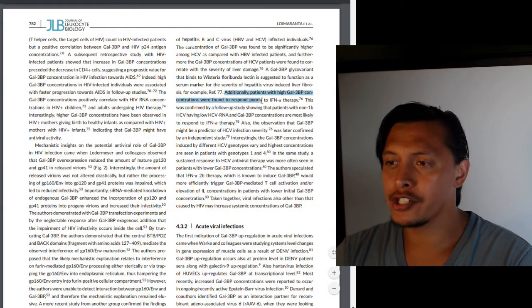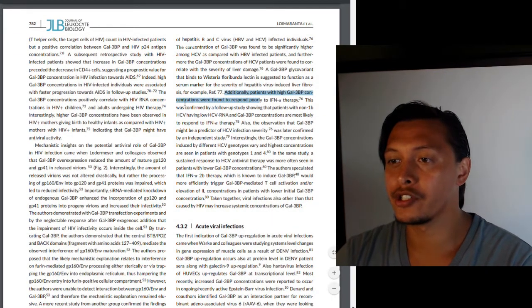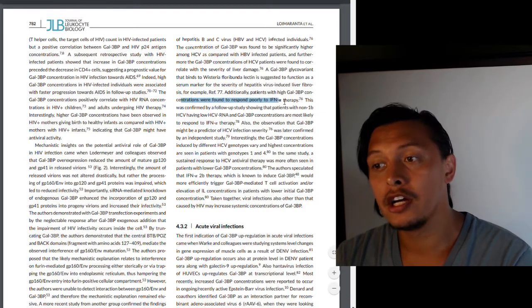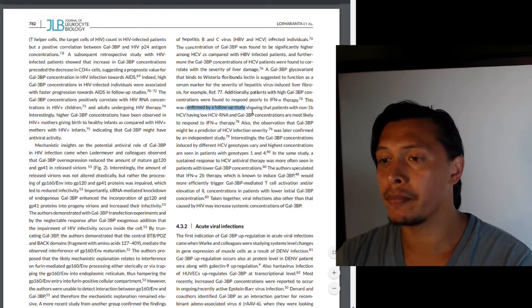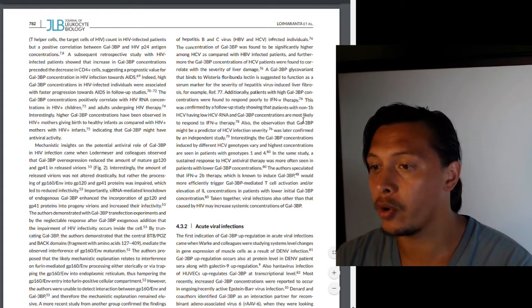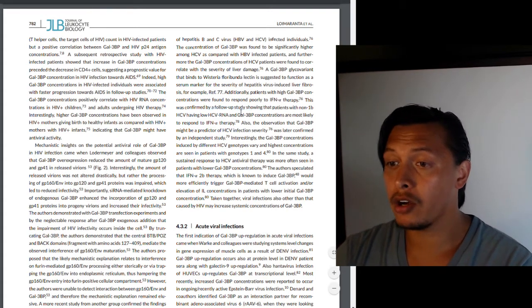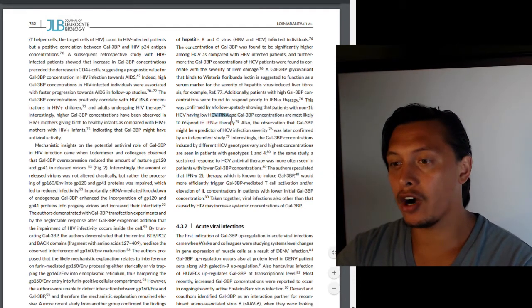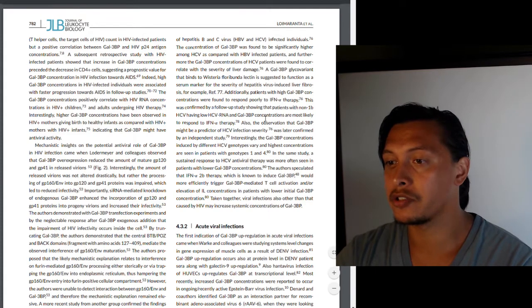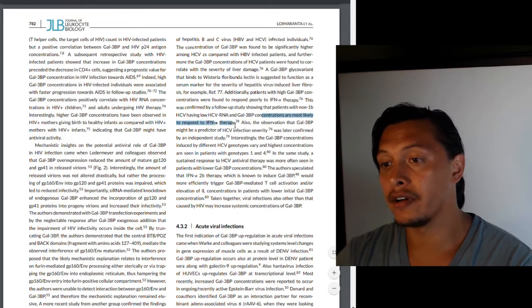Additionally, patients with high galectin-3 binding protein concentrations were found to respond poorly to interferon alpha therapy. This was confirmed by a follow-up study showing that patients with non-1b HCV having low HCV RNA and galectin-3 binding protein concentrations are most likely to respond to interferon alpha therapy.